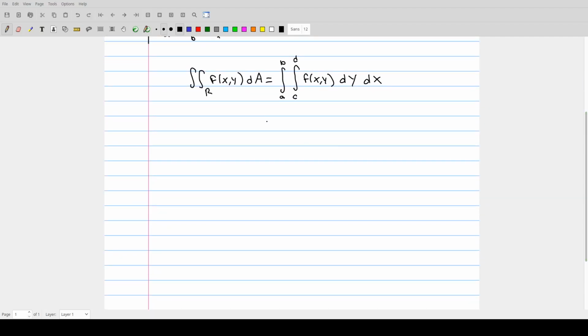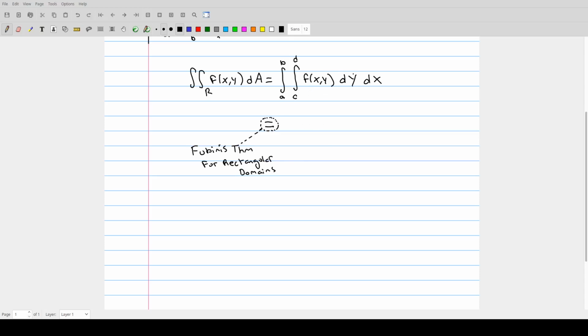Now, Fubini's theorem for a rectangular domain is very, very nice, and it's relatively simple. What it says is that this equality right here is due to what's called Fubini's theorem for rectangular domains. It says that the order of integration doesn't matter.